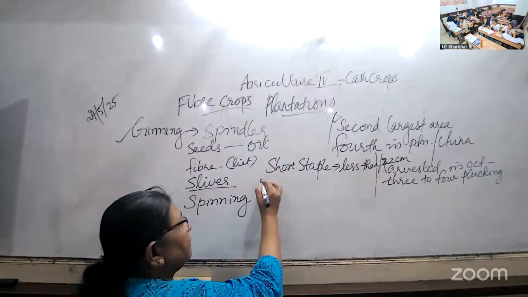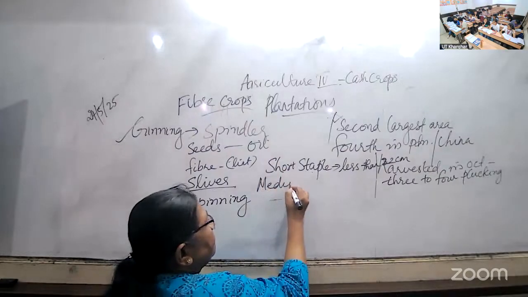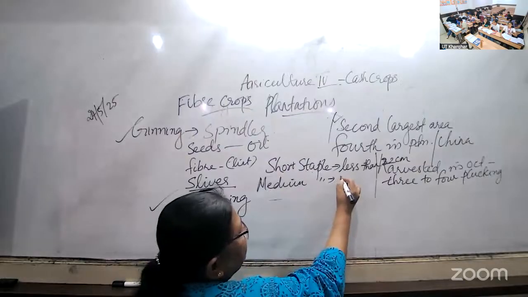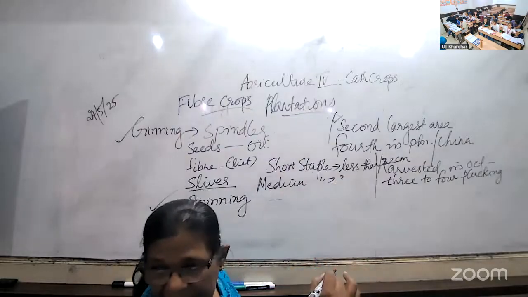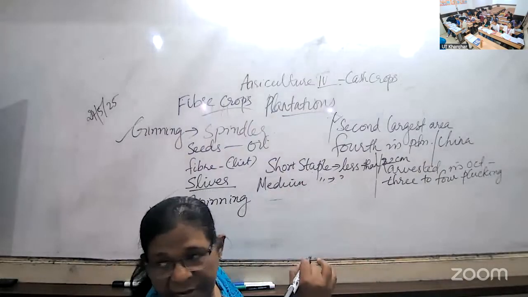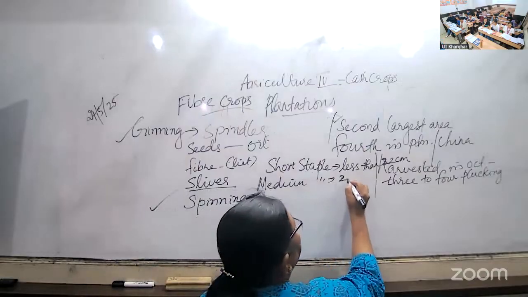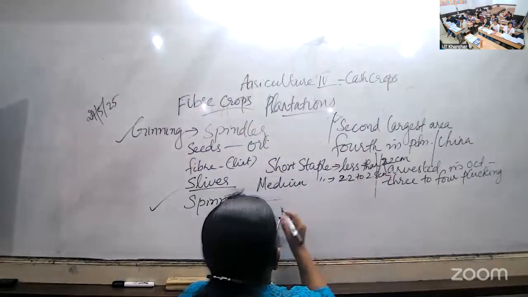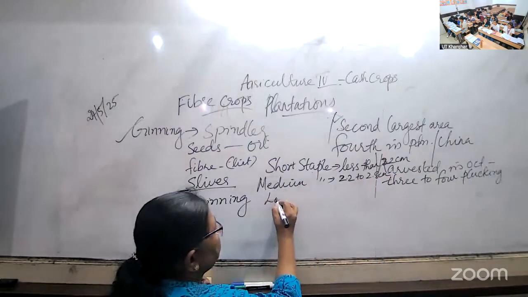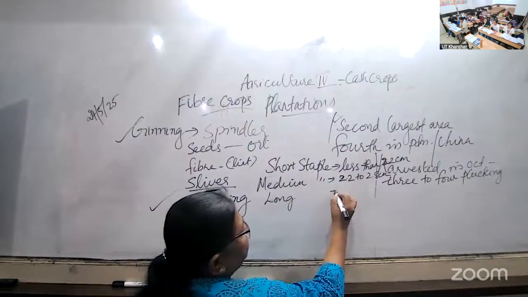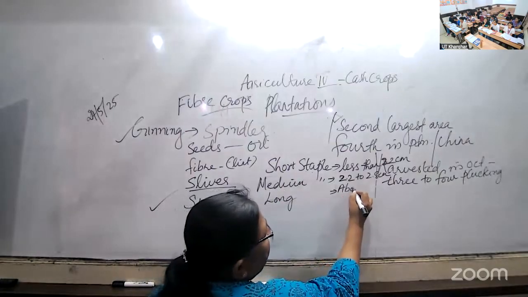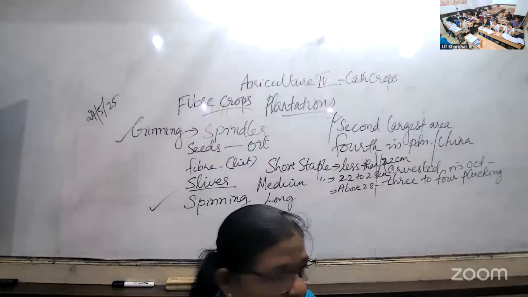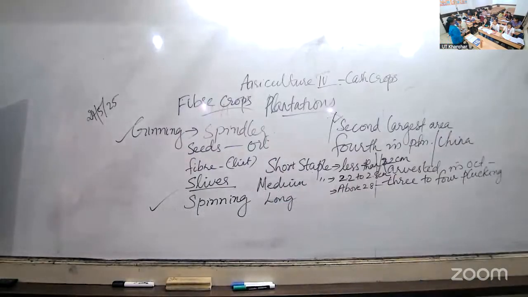Then medium staple. What is that length? 2.8 centimeters. Then long staple is above that. Okay, so these are the 3 varieties.